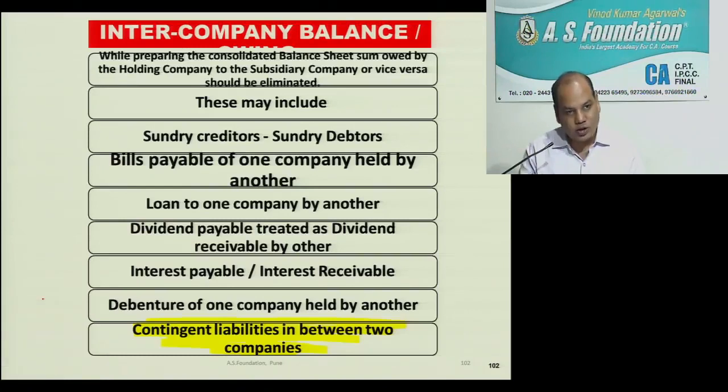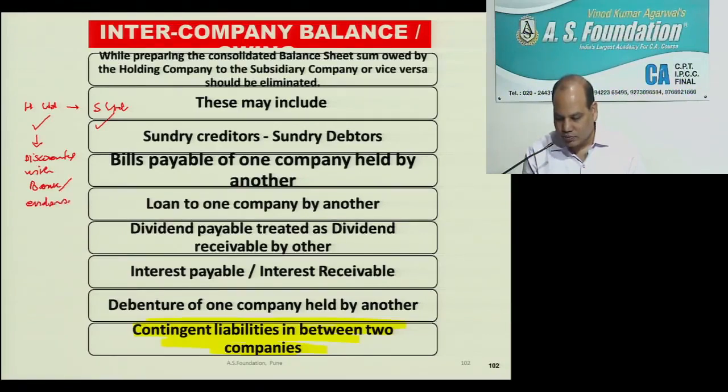Bills receivable discounted, you have heard? So see this example. H Limited has drawn a bill on S Limited. S Limited accepted the bill. H Limited got the bill discounted with the bank, or endorsed it to creditors.